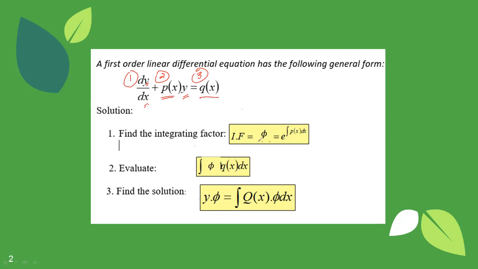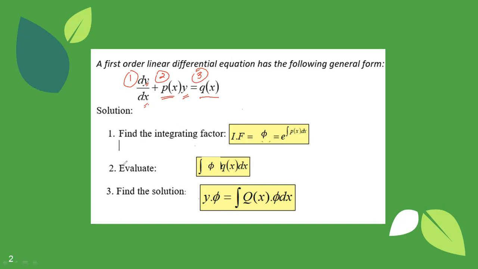Okay, you need to find the integrating factor. In the majority of the books in differential equations, it's represented as phi, and its formula is e raised to the integral of p of x dx. This p of x here is the p of x here that is multiplied to your unknown function on the left side of your differential equation.